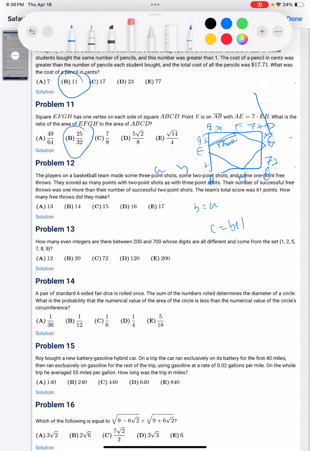So we could say like 3A, B. They scored many 2 points, and the number of free throws was one more. So B plus 1 plus 2B plus 3B, because 61, right? What happens? Am I doing something wrong? Because it's not an option, 11.